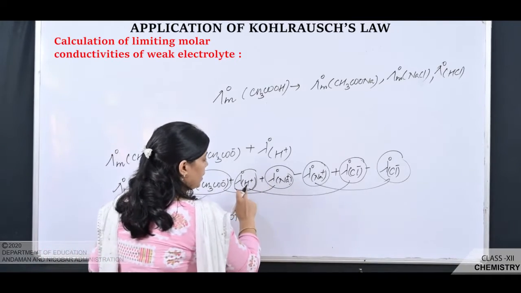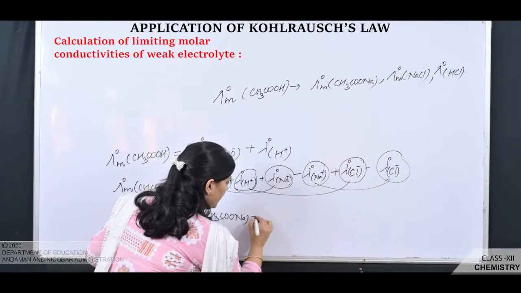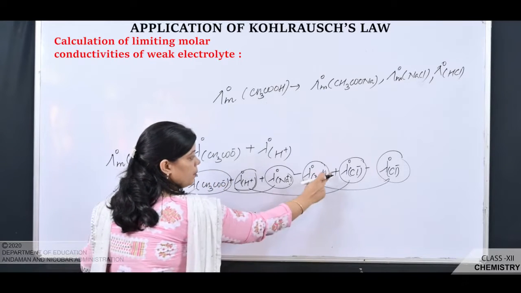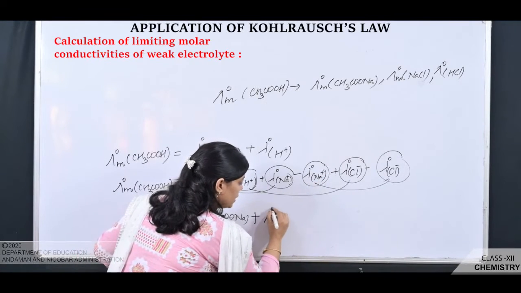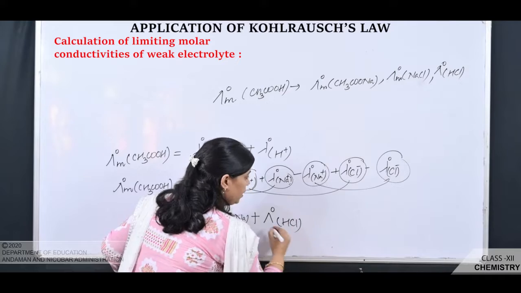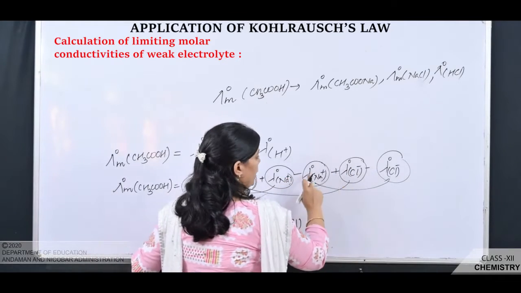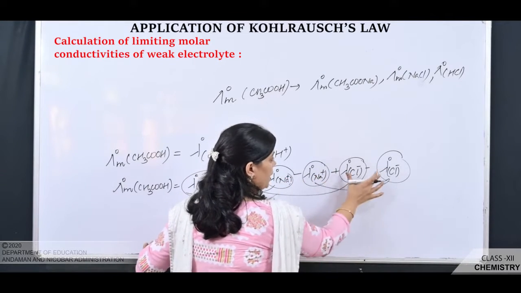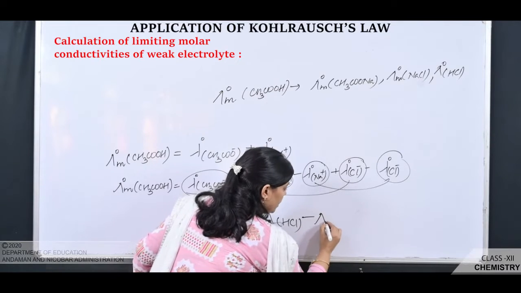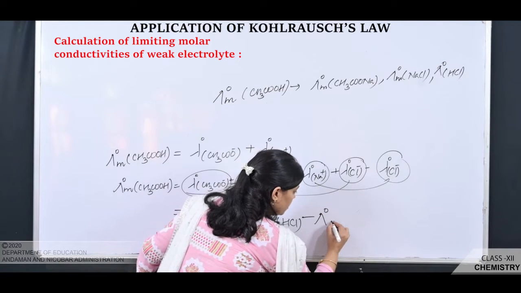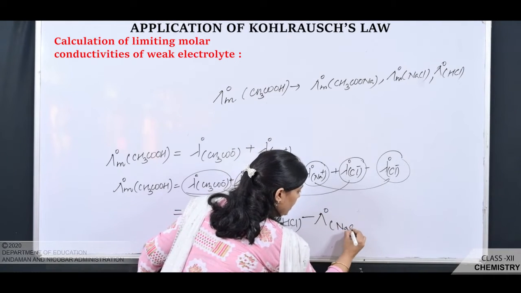Okay, by combining, we get plus the limiting molar conductivity for HCl, and here Na plus Cl minus is NaCl, so minus the limiting molar conductivity for NaCl.